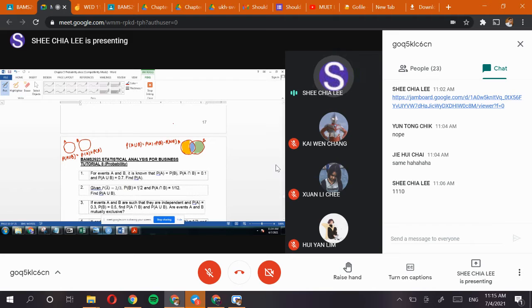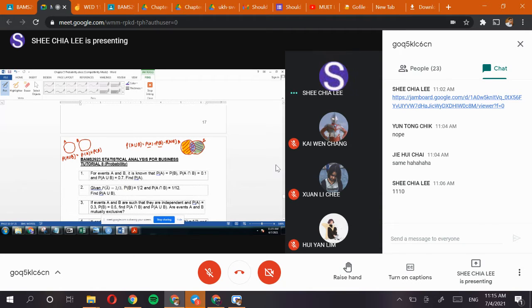But when you take probability A, probability A means this whole thing. This whole thing belongs to A. You see, I already took my yellow color and my blue color when I said probability A. If probability B, I actually take the green and also the blue.